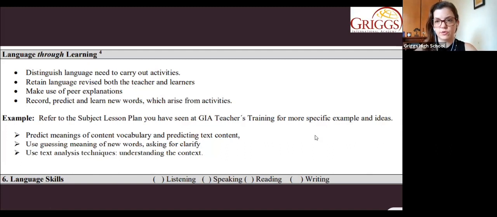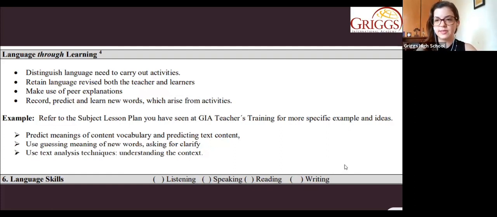Language skills. This is just a checkbox for you, it works more like a reminder. So you see, in my class, do we have a listening activity? Are we practicing listening? Are the students practicing speaking? Are they practicing reading? And are they practicing writing throughout the lessons?